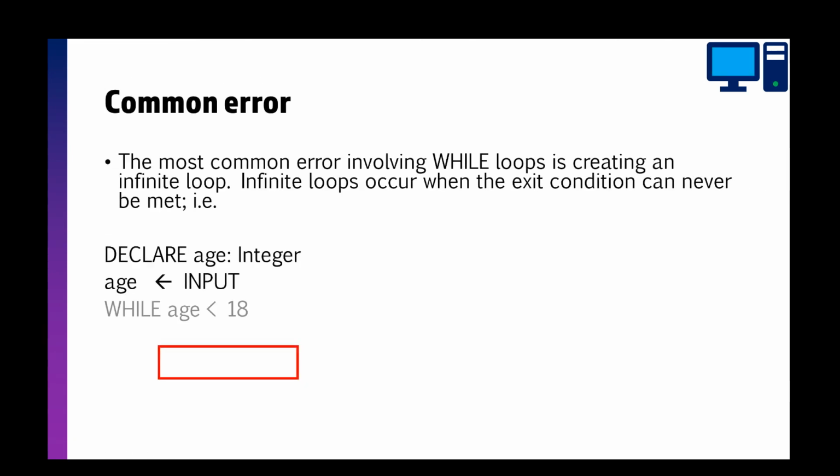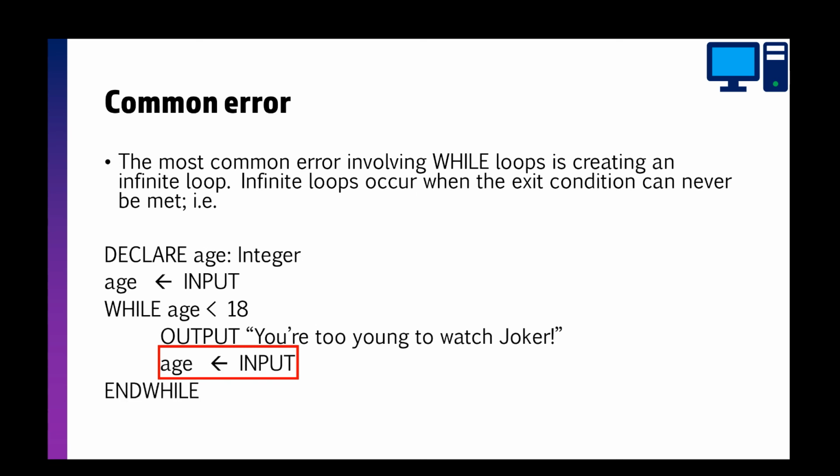Now a common error people make when writing pseudocode is accidentally creating an infinite loop. This occurs when the exit condition can never be met. For example here, we've got declare age integer, age is input. Then whilst age is less than 18, output you're too young to watch Joker.